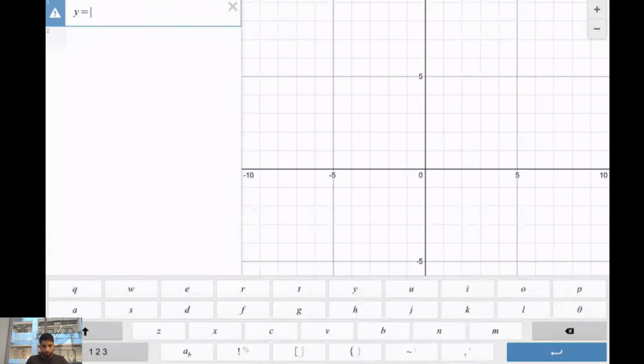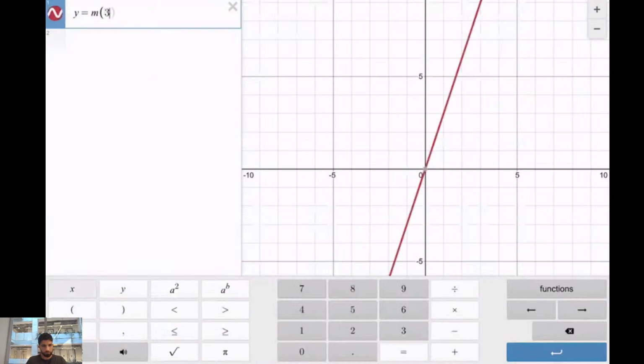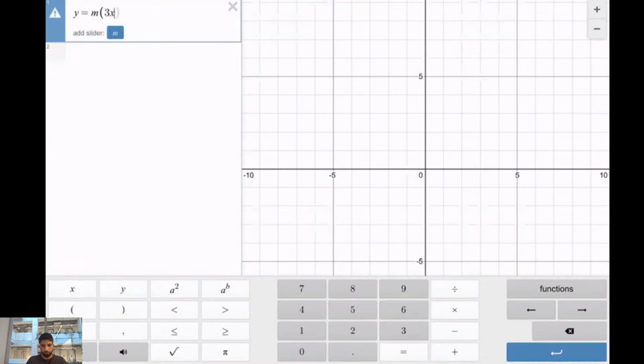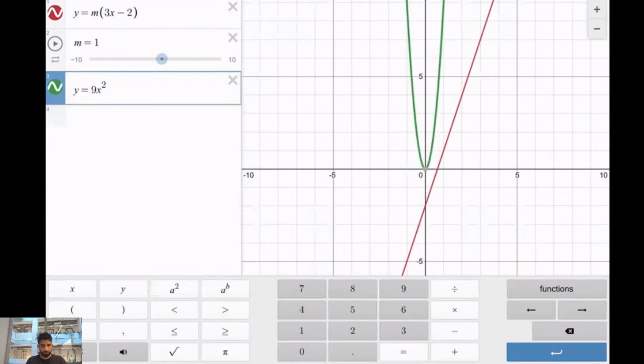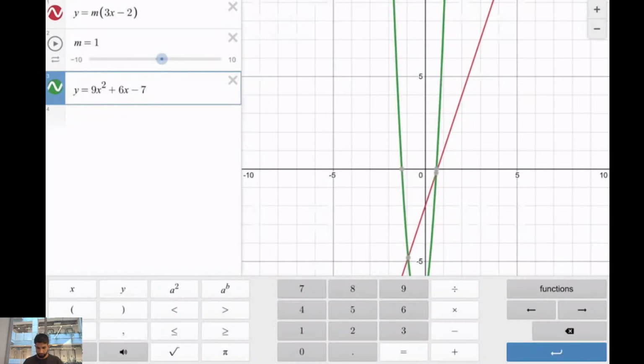We have got y equals m(3x - 2). Then the other one we want to plot is y equals 9x squared plus 6x minus 7.